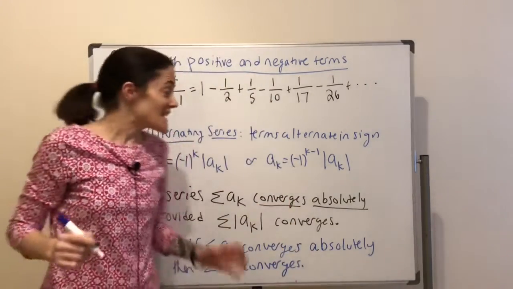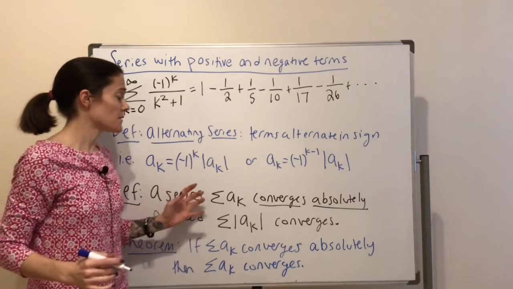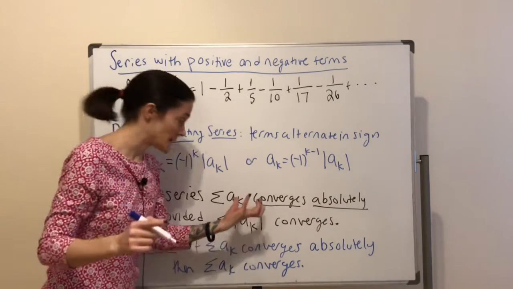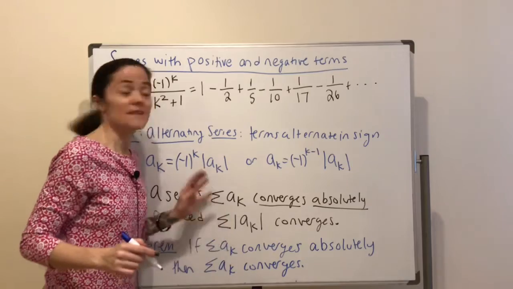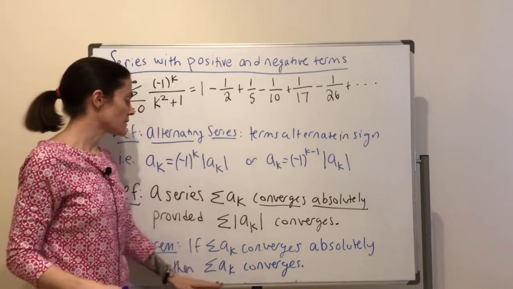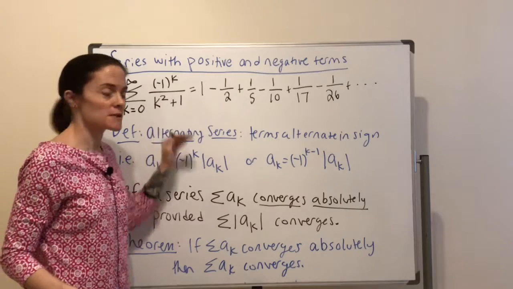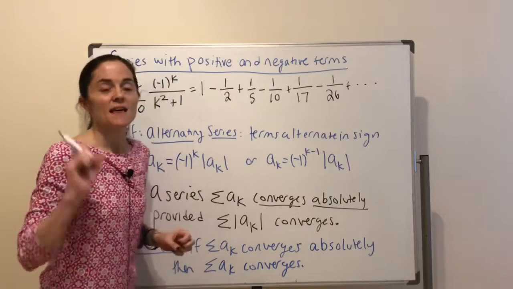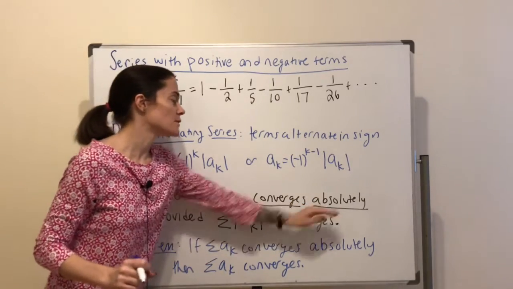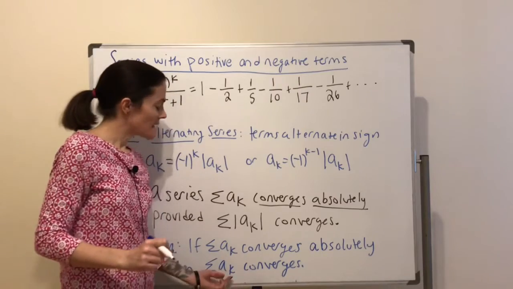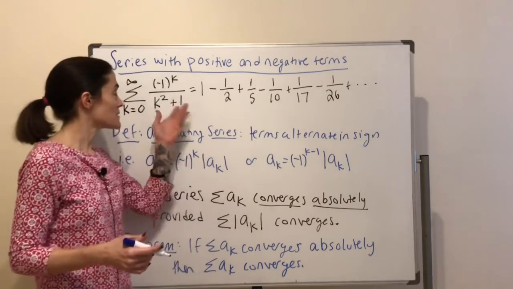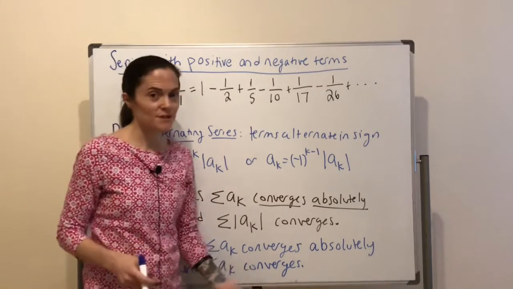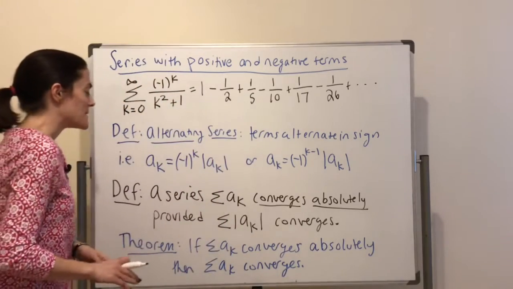What this means is, if you have a series and you're able to show that when you take the absolute value of each term, which is now a non-negative series, that this converges, immediately you can conclude your series converges. If the series of absolute values, term by term, converges, by definition the series converges absolutely, and this implies that the alternating series, or any series that has positive and negative terms, not necessarily alternating, converges, as I'll show in a moment.